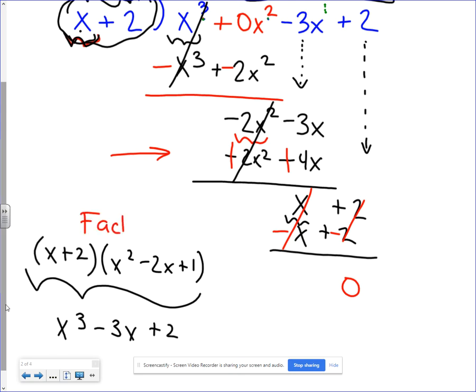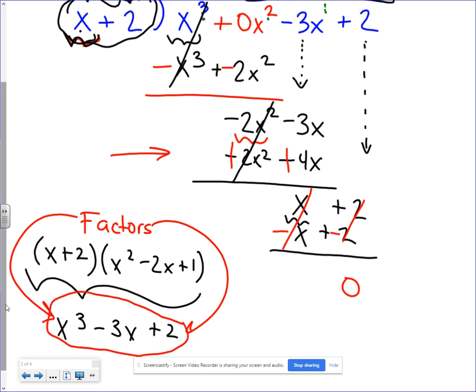These are factors of this expression right here. So if they ask you to determine whether the thing you're dividing by is a factor or not, you can tell by the remainder. If the remainder is 0, then it's a factor.